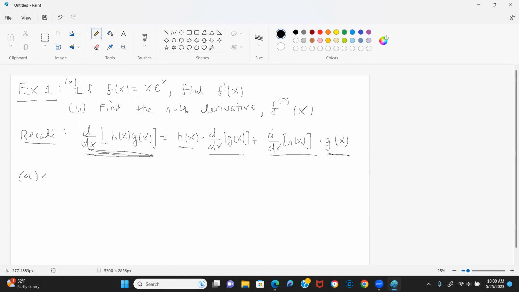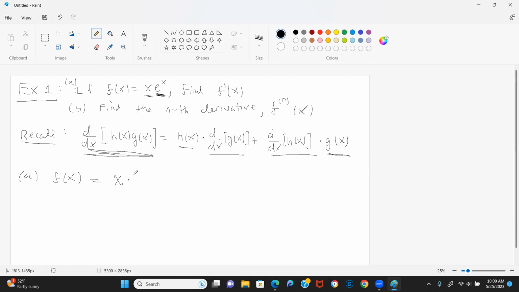All right, so now let's apply that to A. This would be our h of x, and this would be our g of x. So according to this, I take the first function, x, and then times the derivative of the second function, which is e to the x.